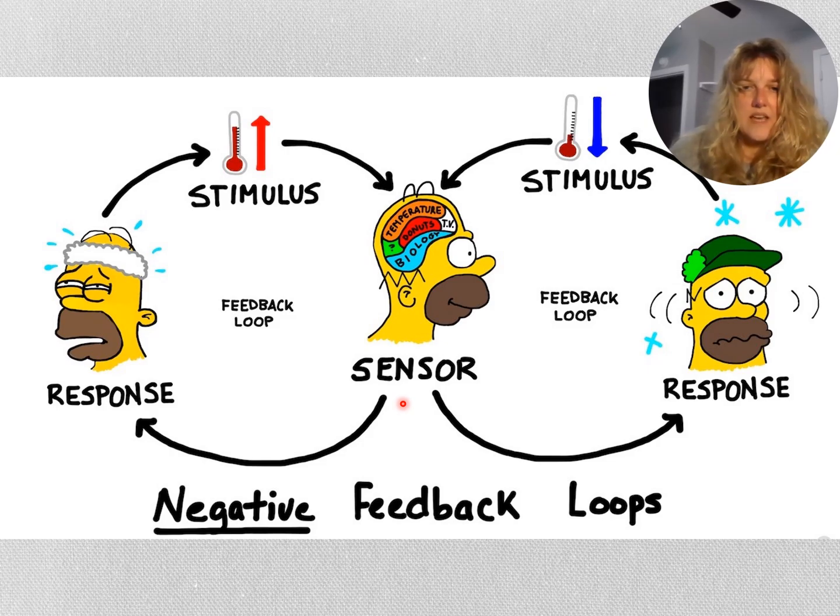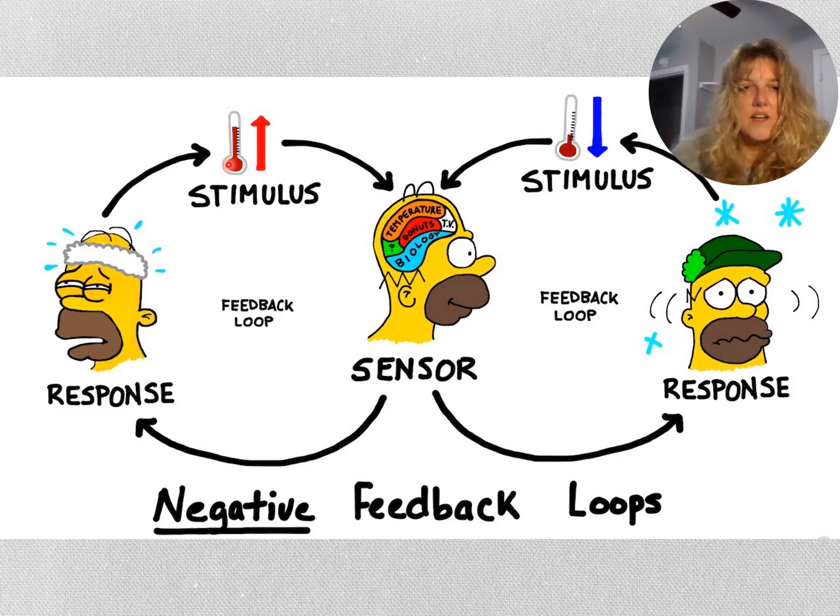So let's say that we get hot. That is going to trigger the temperature in our body to go up, and our body is going to sweat to try to reduce that heat. That's part of that negative feedback.